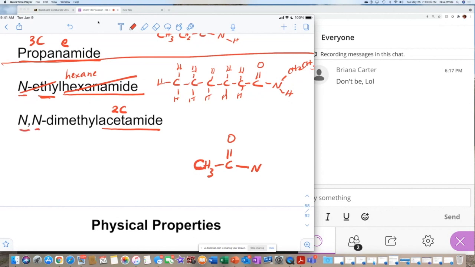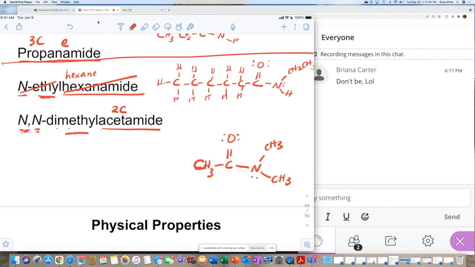On the nitrogen we have 2 things attached, 2 methyls: a methyl group right here and a methyl group right here. I've been leaving out the lone pairs, y'all. Go back and put the lone pairs on this. N,N-dimethyl.